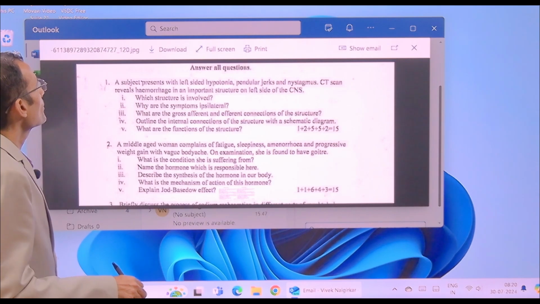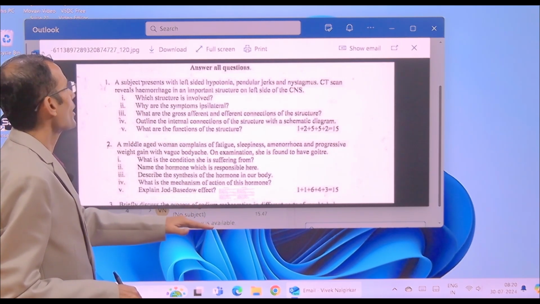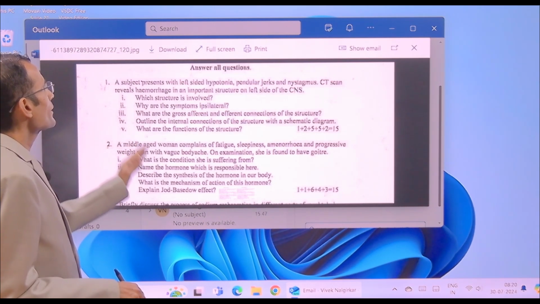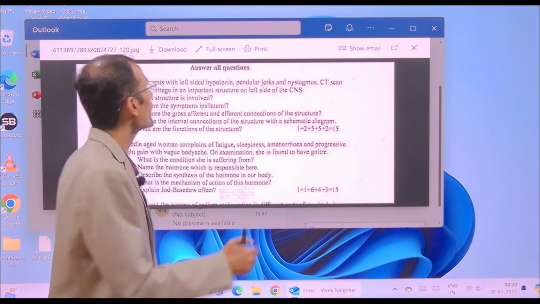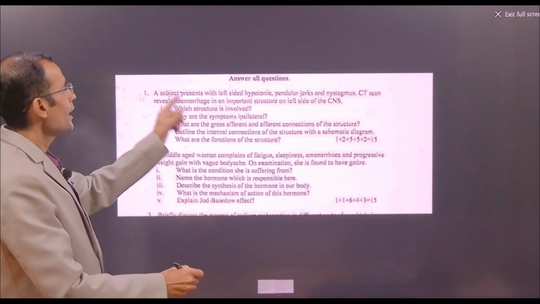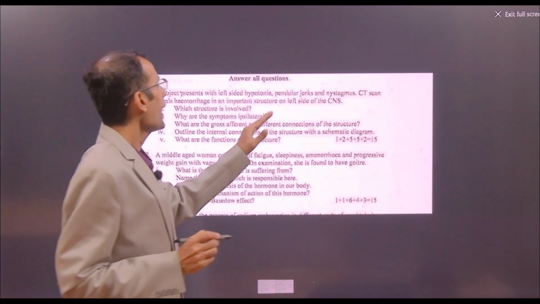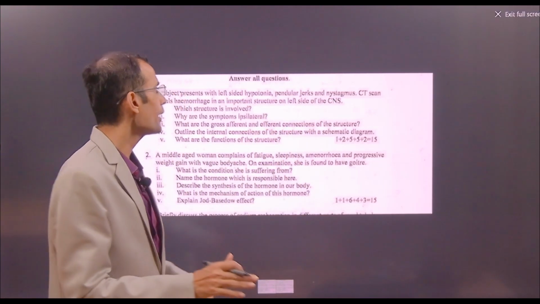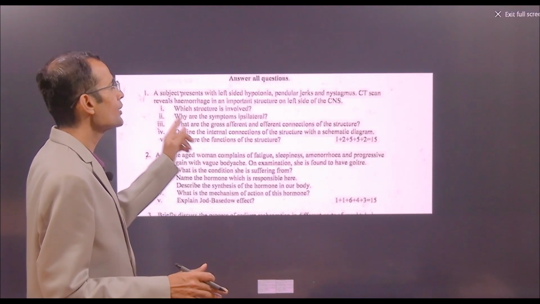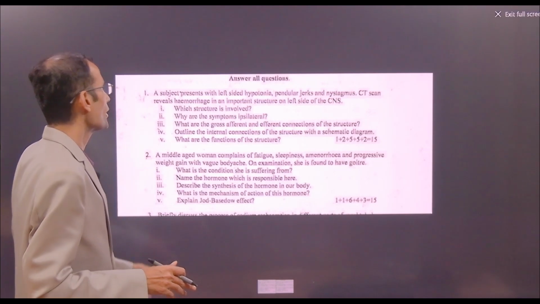Okay, a subject presents with left-sided hypotonia, pendular jerks, nystagmus. CT scan reveals hemorrhage in the important structure of left side of the brain. So what that structure is? Left-sided hypotonia, pendular knee jerk or pendular jerks, and nystagmus. These are the symptoms of cerebellar disease. Okay, so there was blood loss in the region of cerebellum and the cerebellum has stopped functioning.